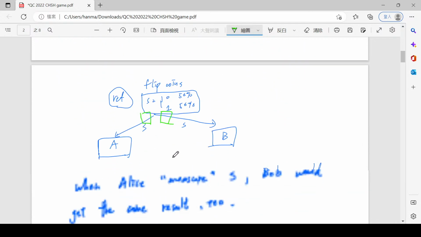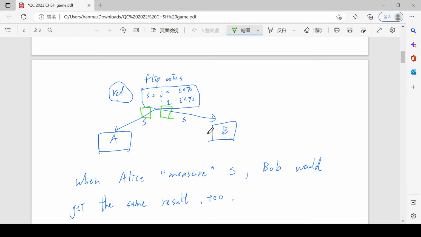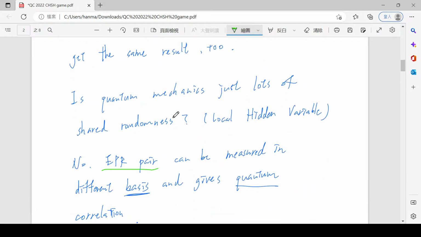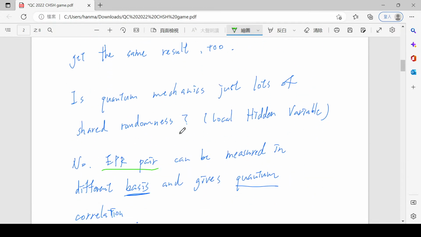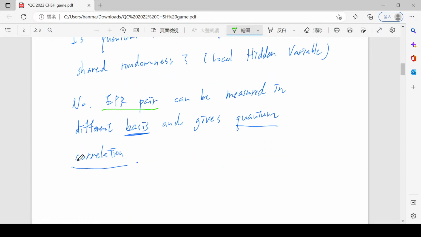But we say you can get the same distribution by just having shared randomness. But we are going to see that using an EPR pair, they can get some kind of correlation that's impossible to get with just classical shared randomness. And that's the quantum correlation.